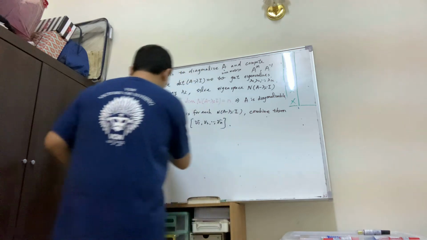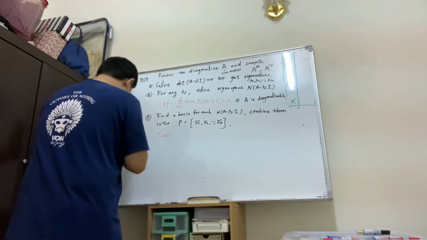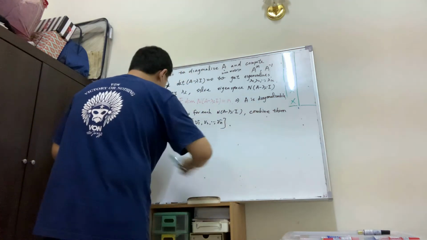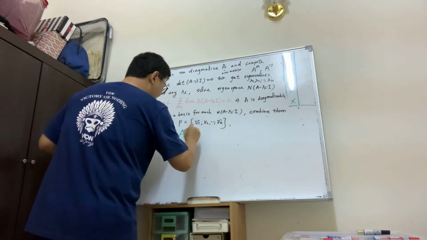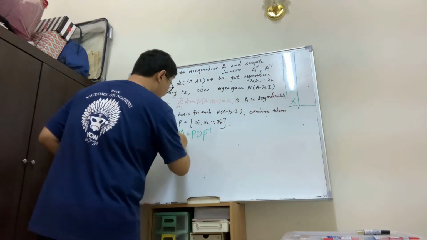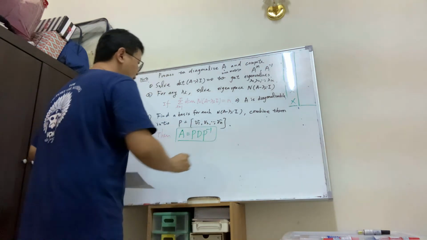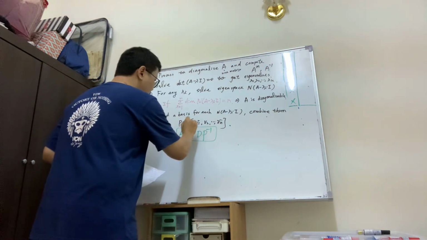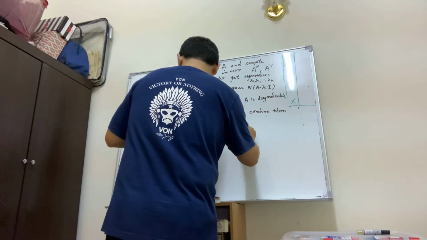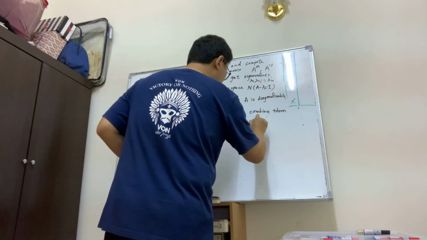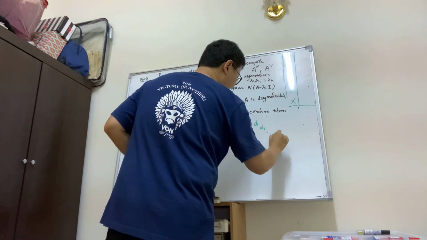You could just memorize this result directly, but I will tell you the detail. Then A equals P D P inverse. P is this matrix. And what's the matrix D? Here D is the diagonal matrix with d1, d2, up to dn.